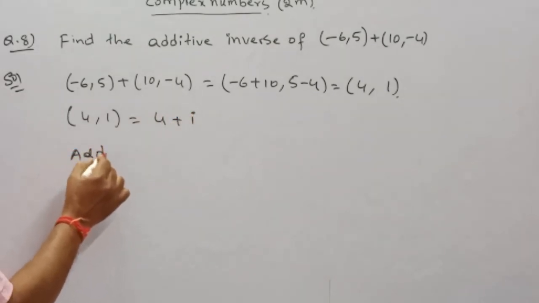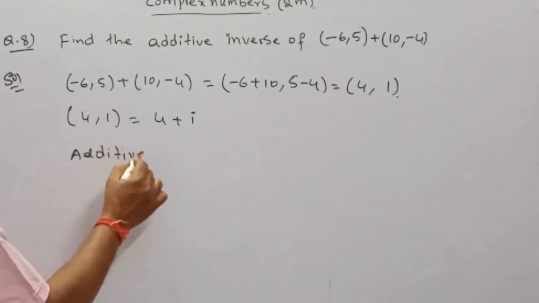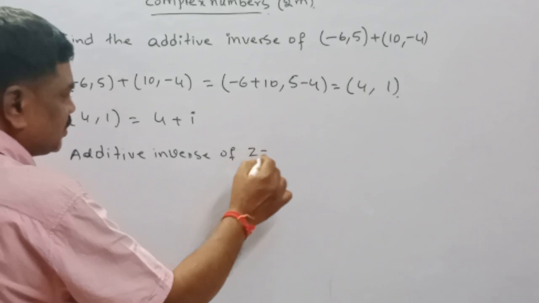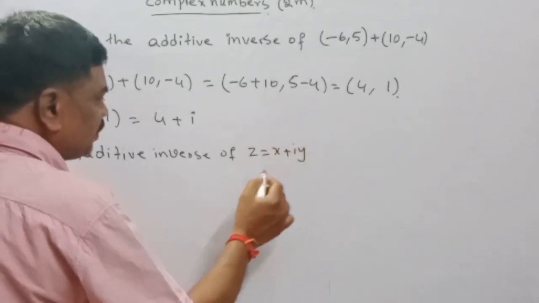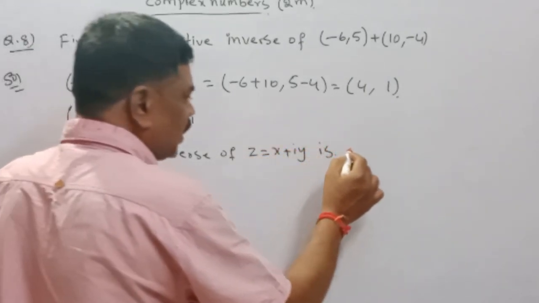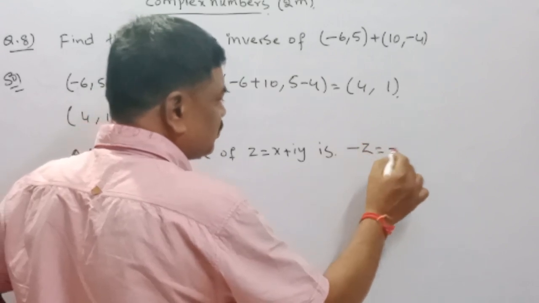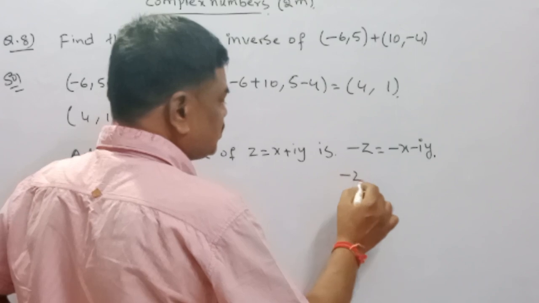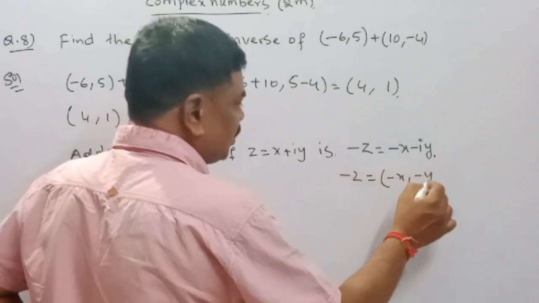Additive inverse of z is equal to x plus iy: minus z is equal to minus x minus iy, minus z is equal to minus x comma minus y.